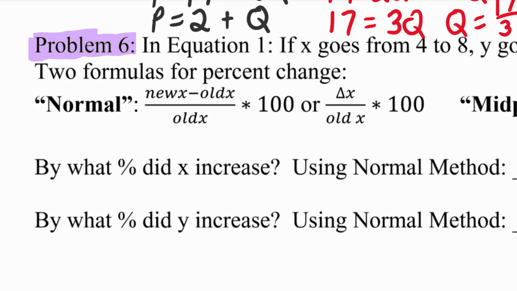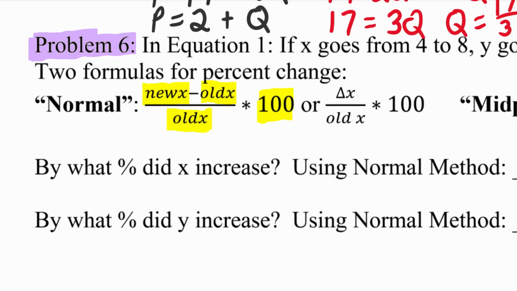in your schooling. The normal way to calculate a percentage change, although people will write this formula in various ways, is to take the new value of x, whatever x is that you're concerned with, and subtract the old or original value of x and divide it by the original or the old value of x, and then multiply that times 100.